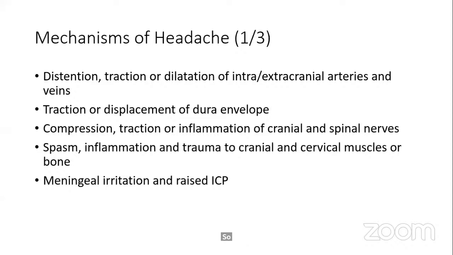Mechanisms have been described and include distension or dilatation of intra or extracranial arteries or veins. There may also be traction of the dura envelope, especially the middle and then the posterior cranial fossa. There can be compression, traction, or inflammation, or trauma to cranial or cervical muscles or bones.